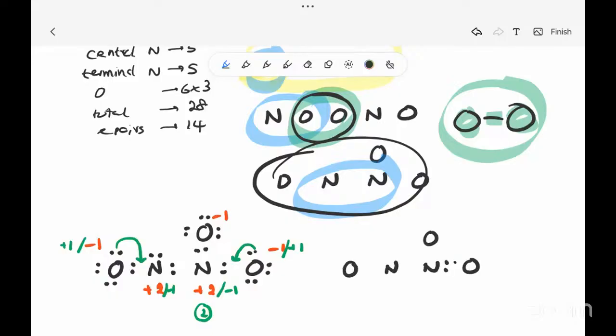There will be a double bond here and a double bond here, then a single bond and a single bond. And we will have a lone pair here and a +1 charge. We have a +1 charge here, and lone pairs on the oxygen, with a -1 charge.